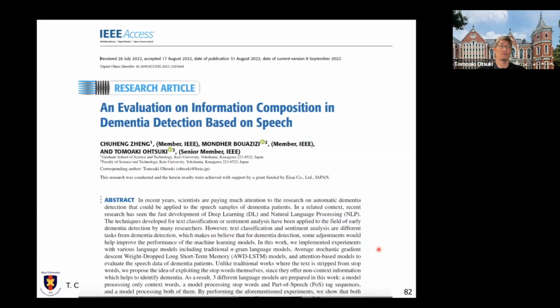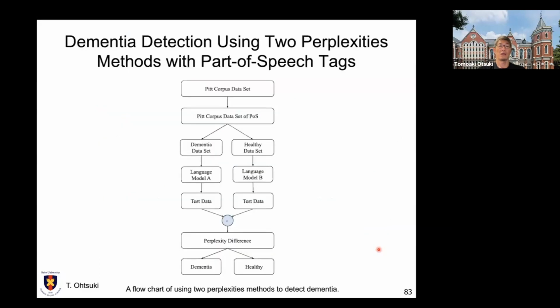One of our results was presented in this paper, an evaluation of information composition in dementia detection based on speech. This is a flowchart, as I mentioned, using the dementia dataset and healthy dataset. We train the language model and then test data.